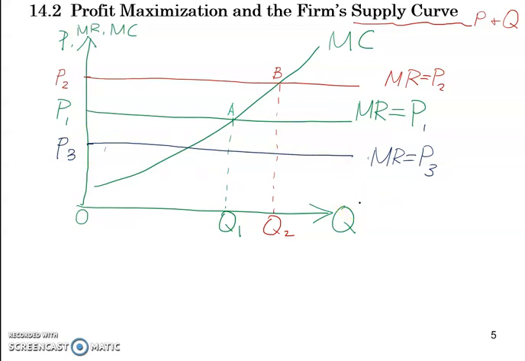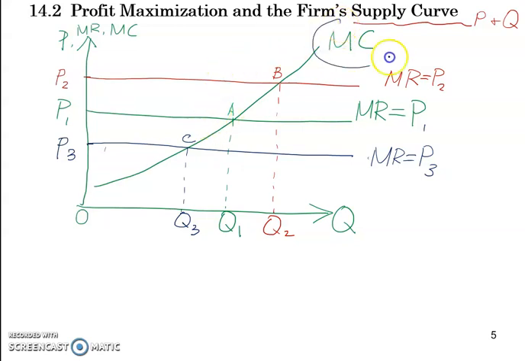Under P3, we find that the profit maximizing point for this firm is moving to C, and then the firm should cut its output to Q3. Now here we already gave you 3 different points, and you would be able to find that all 3 points are lined up on this marginal cost curve.